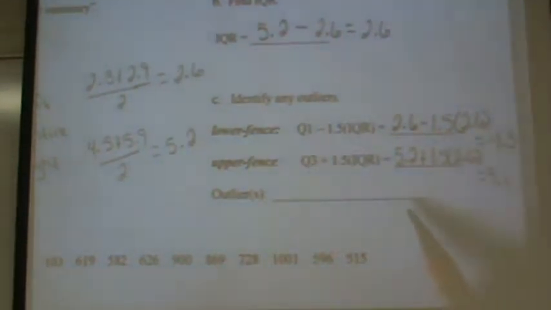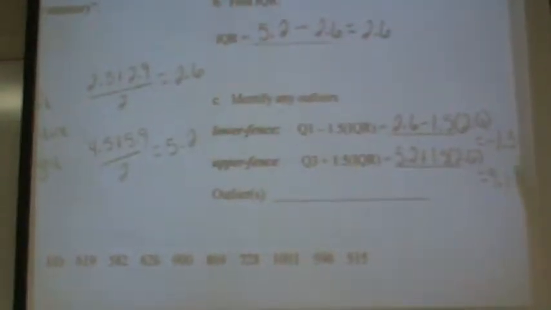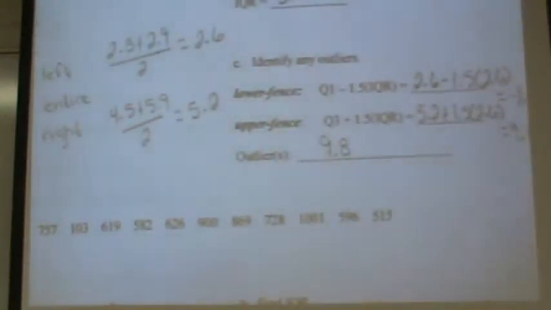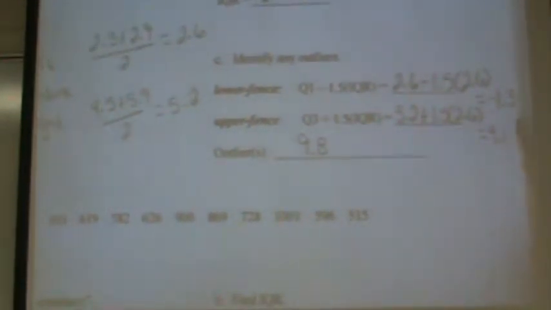So outliers again are numbers that are less than our lower fence and greater than our upper fence. In our set, we had one number that is greater than our upper fence. So 9.8 is an outlier in this set. Again, because it's greater than our upper fence.